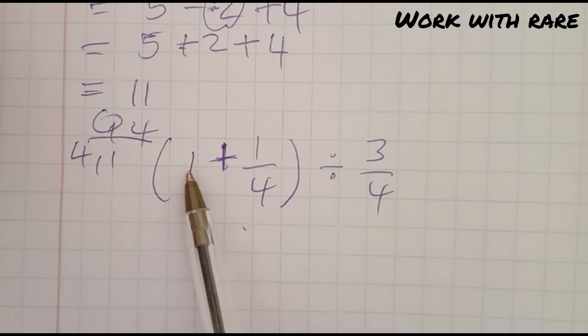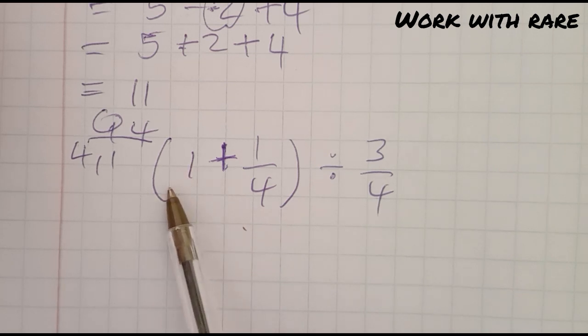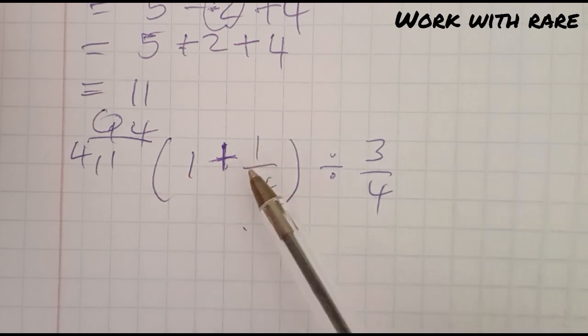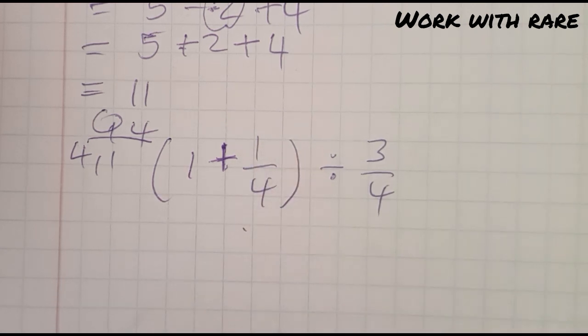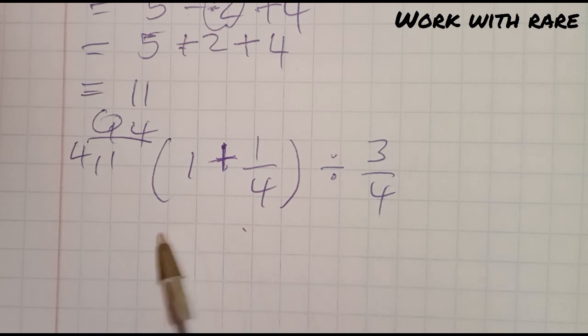If I multiply this side by 4, I will have 4, so it will be 4 plus 1, which is 5, so it will be 5 over 4.